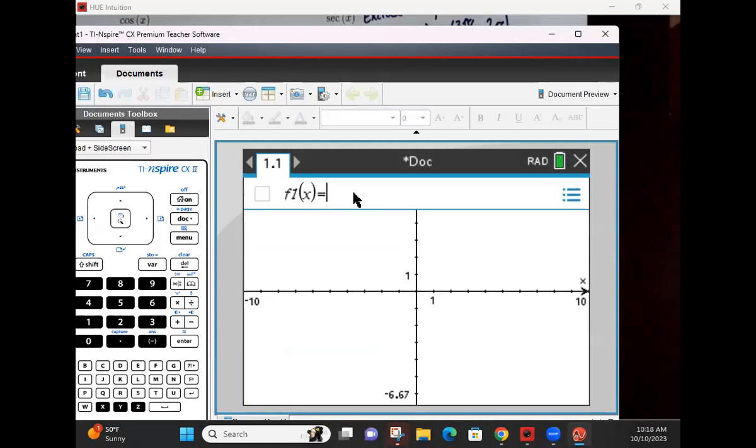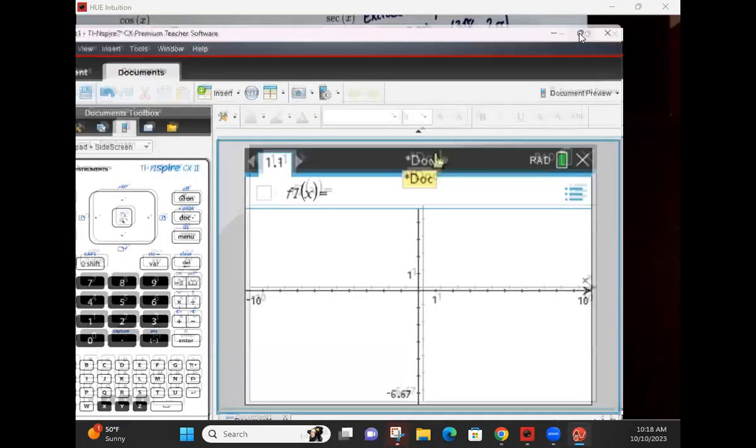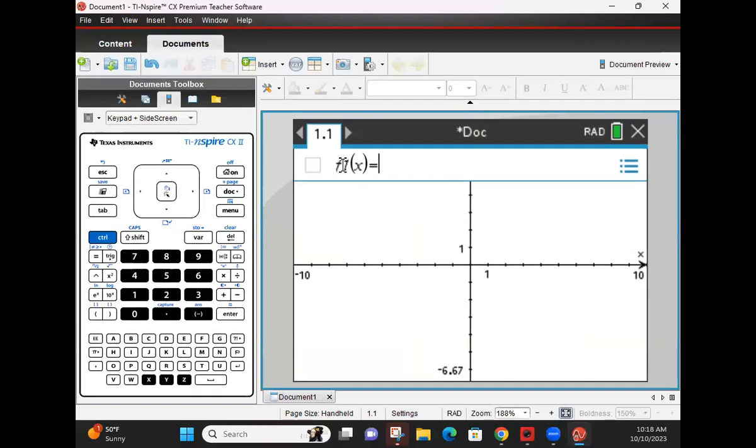I'm on a graph page, and we're going to graph sine of x.